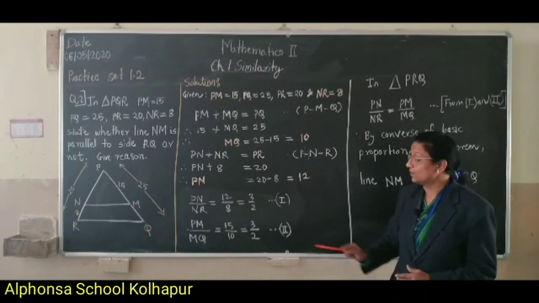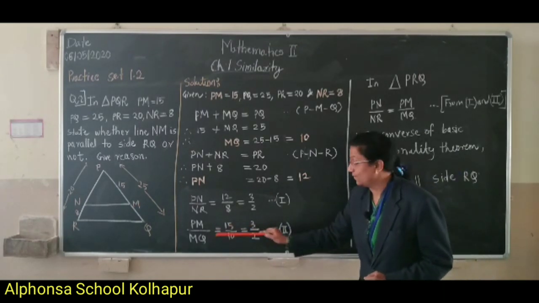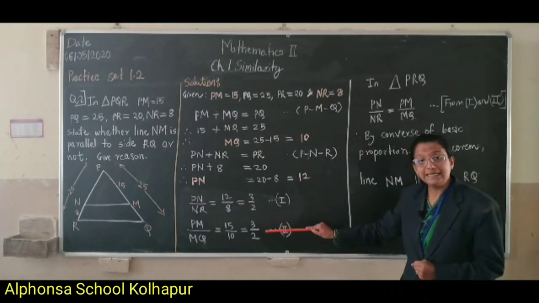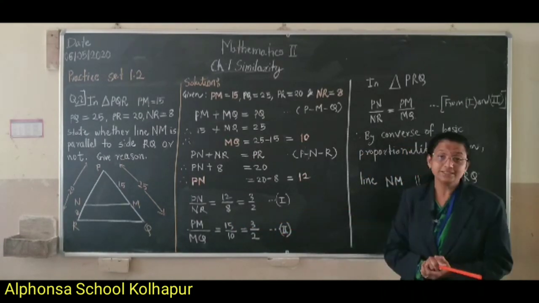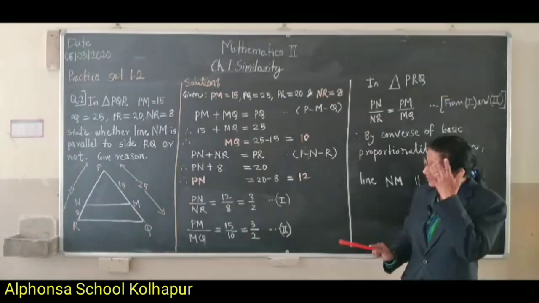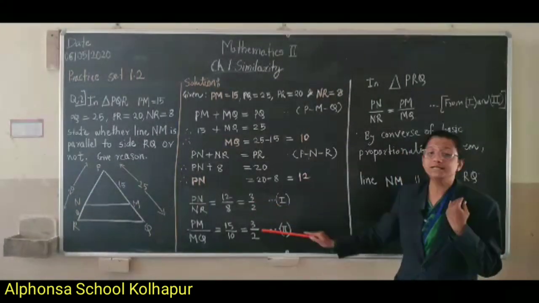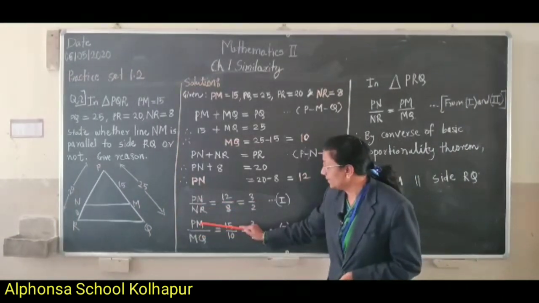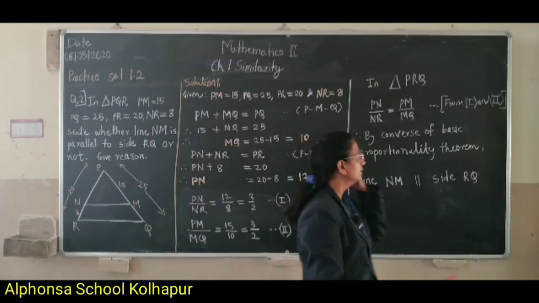Now the next ratio is PM upon MQ. That is 15 upon 10. After cutting the common factor, we get 3 upon 2. We mark it as 2. Now, as both the right hand sides are equal, the ratio PN upon NR is equal to PM upon MQ.